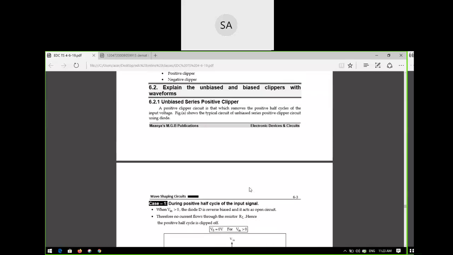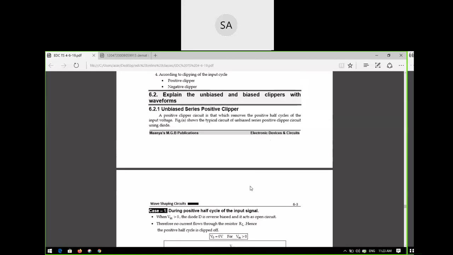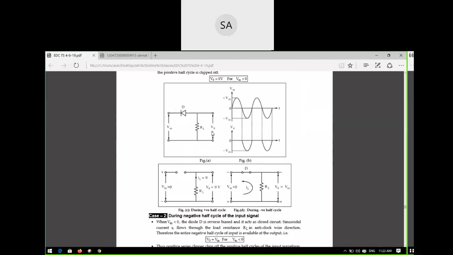Now you will see the first case, which is the unbiased series positive clipper. Its circuit diagram is like this. You have to note down this circuit and the input and output waveforms in your notes. Each and every circuit is very important here. You have to note down and analyze.